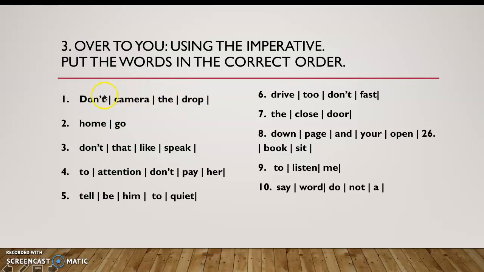These words are not in the correct order. So just remember, the verb is important and the word don't is important. What I'd like you to do now is pause the video and try to do 1, 2, 3, 4, 5, 6, 7, 8, 9, 10 sentences. And then we'll check the answers.